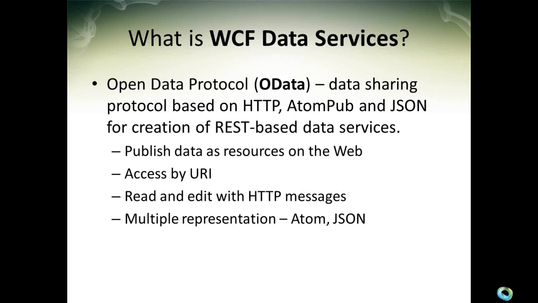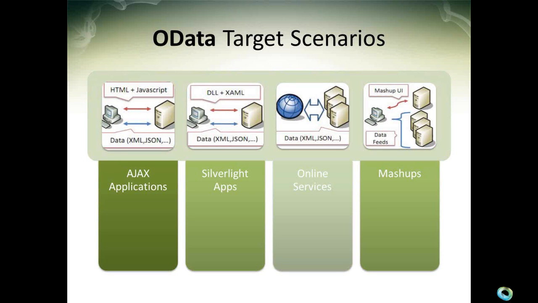The data can be represented in multiple formats. The two currently supported formats are Atom and JSON. Depending on the application you're building, you can choose the format that fits best your case. OData basically targets a few scenarios.